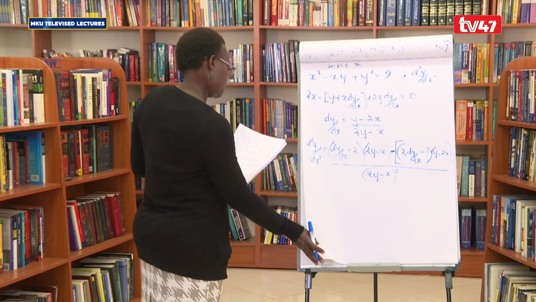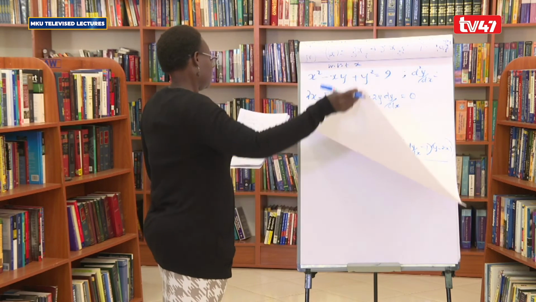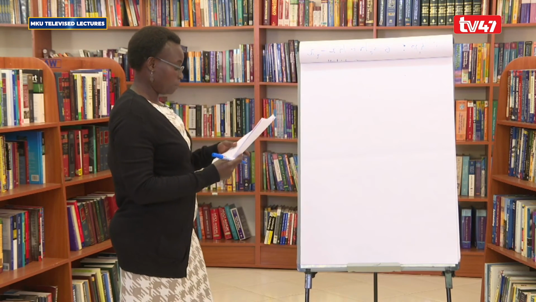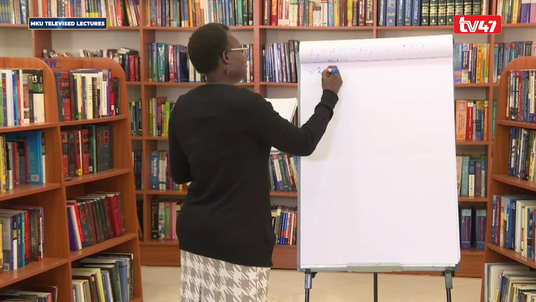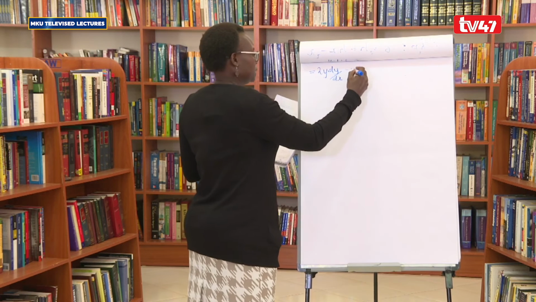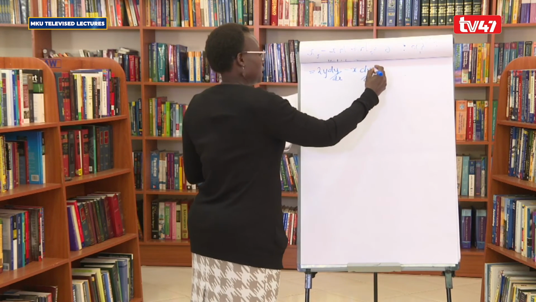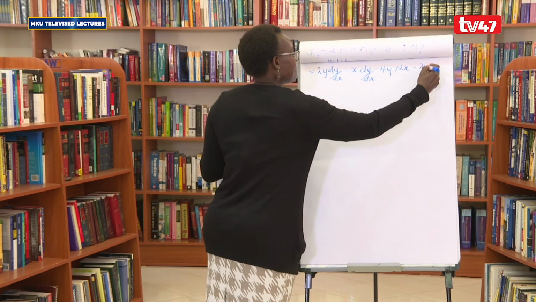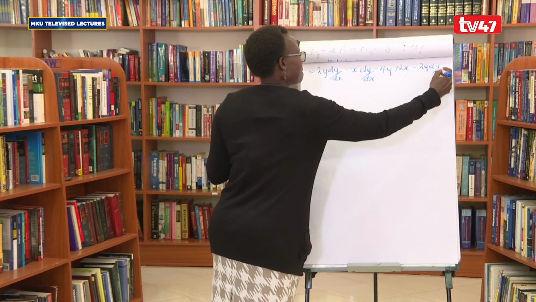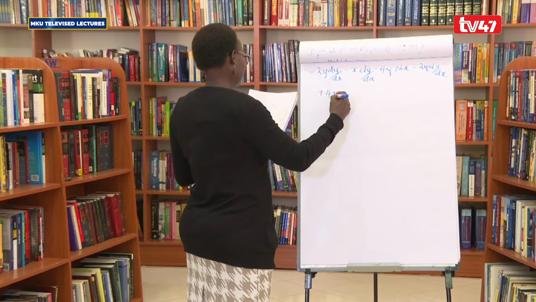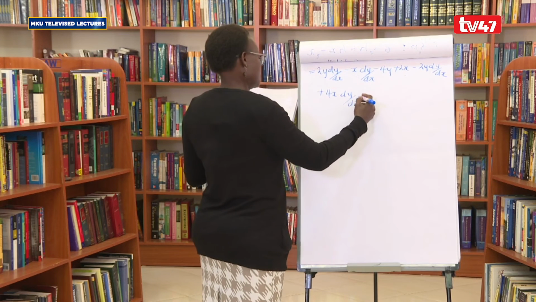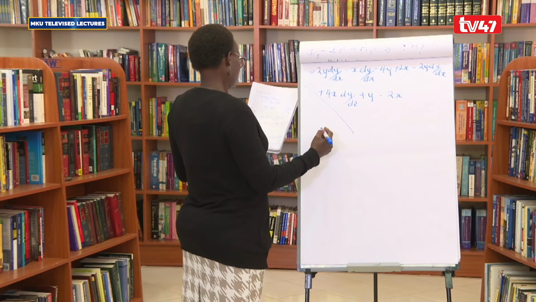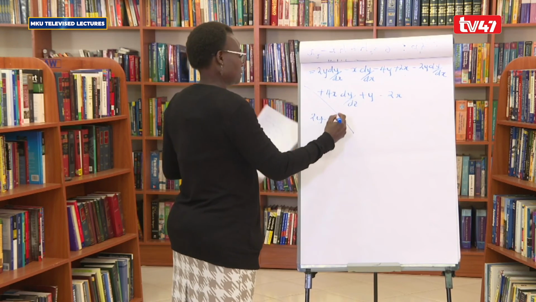So then if we open up that bracket, I will have 2y dy over dx minus x dy over dx minus 4y plus 2x minus 2y dy over dx plus 4x dy over dx plus y minus 2x, and it's all over 2y minus x squared.